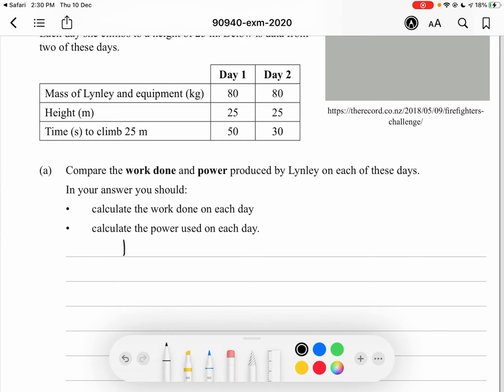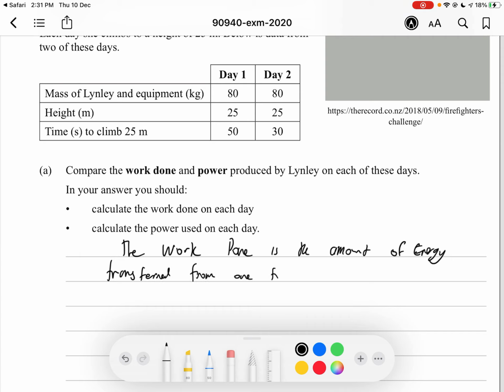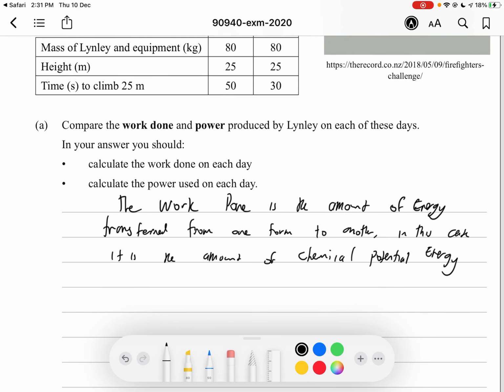So for this question, we can say that in this case, it is chemical potential energy that is transferred to gravitational potential energy.